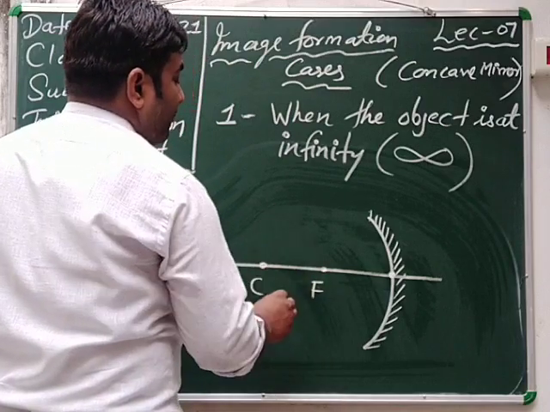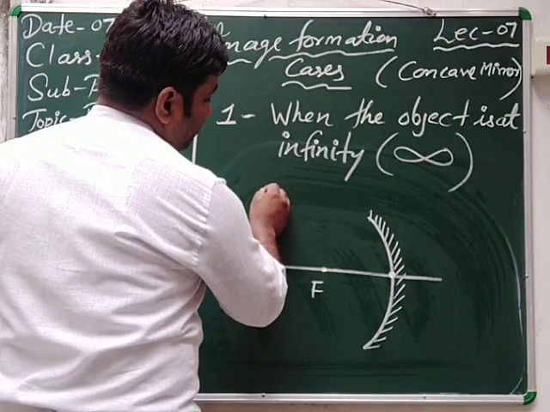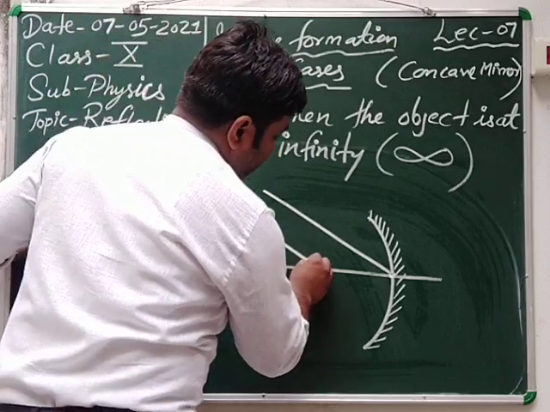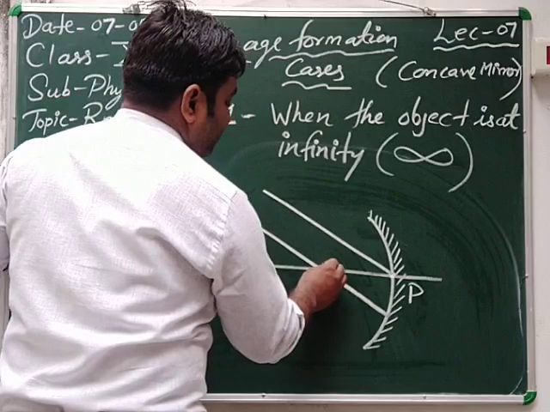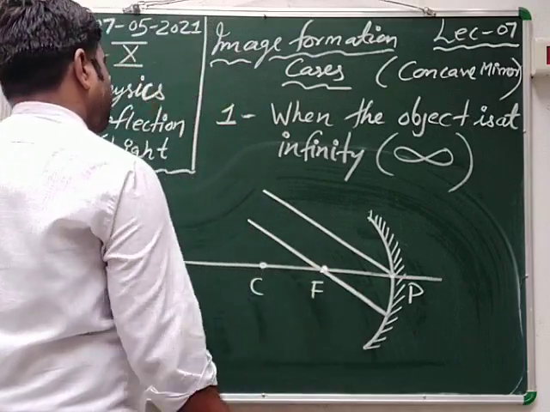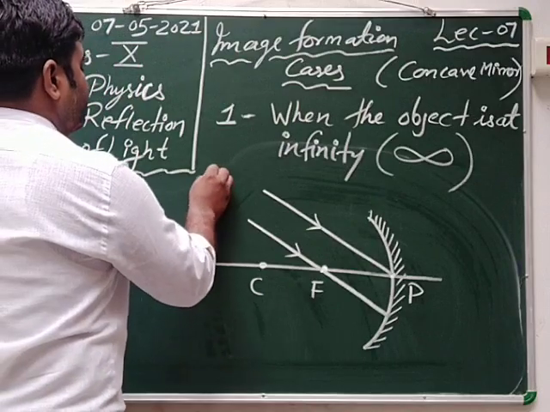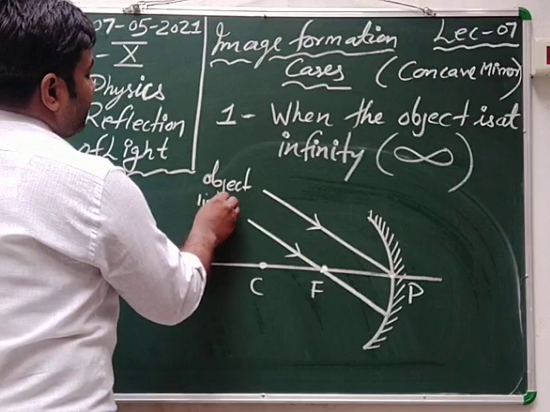So the ray coming from the object, one is incident towards focus, another passes through. One incident toward the pole, not focus, and the second passes through focus. Here are parallel rays. Parallel rays mean the object lies at infinity.